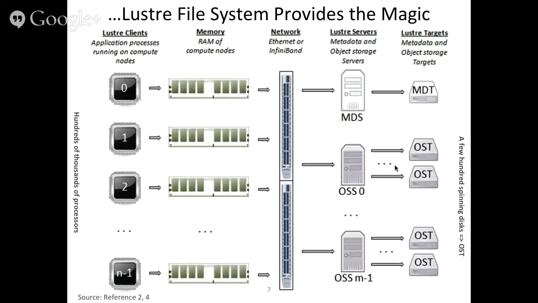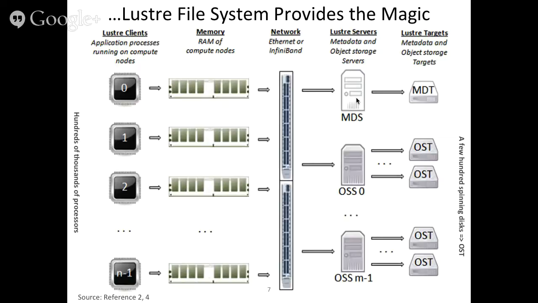Each OSS serves up to 2 to 8 OSTs typically, and each MDS, or metadata server, is talking to just one MDT, or metadata target. Now in the Unix world, if you're aware of file systems, you would know there's something like an inode, right?